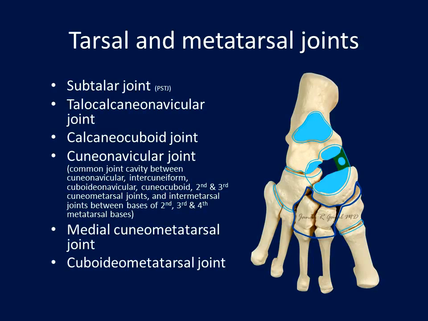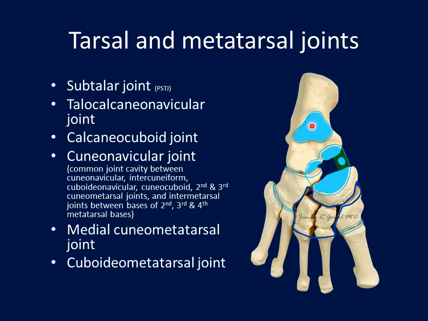Not counting the metatarsophalangeal and interphalangeal joints, there are 6 separate joint cavities in the foot between the tarsal and metatarsal bones, which include the subtalar joint, talocalcaneonavicular joint, calcaneocuboid joint, cuneonavicular joint, medial cuneometatarsal joint, and cuboideometatarsal joint.